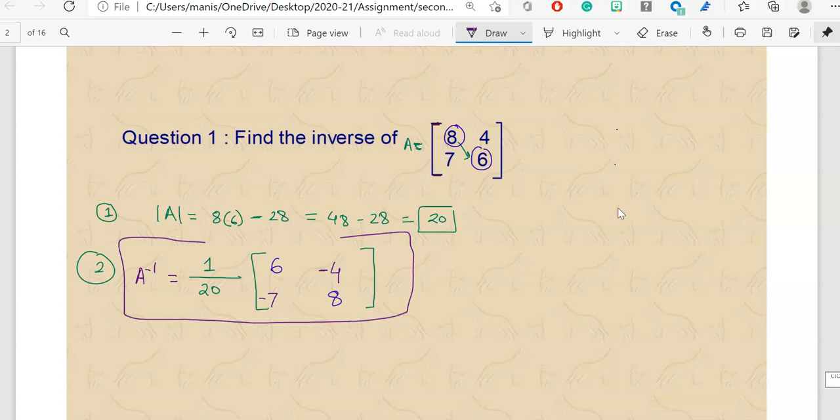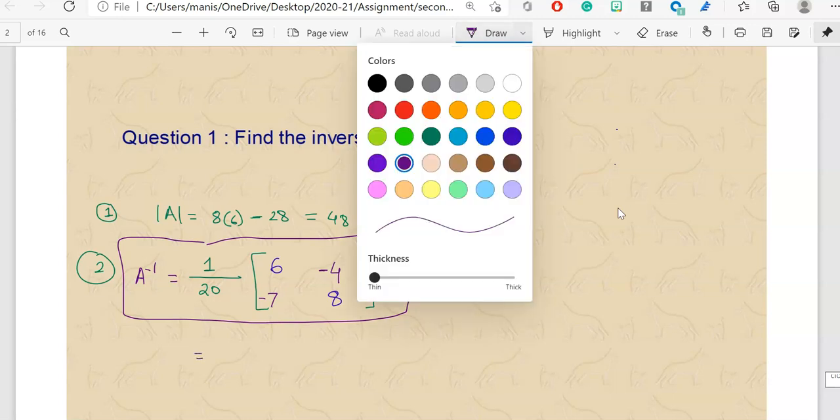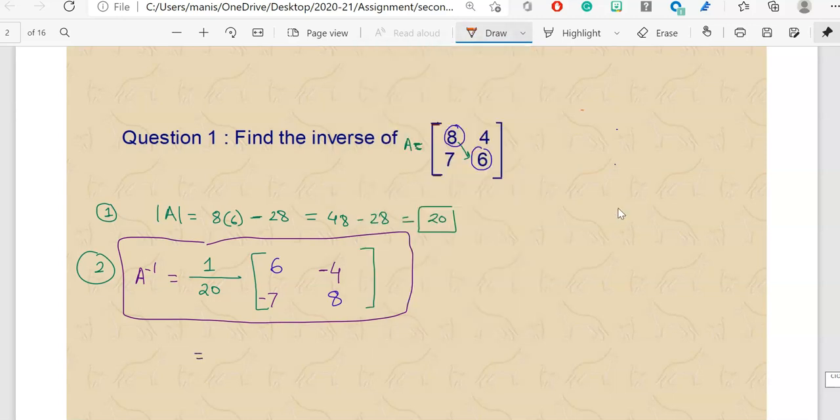Now, when you are working on assignments and all, you might not see this answer. You might see the answer in simplest form. What happens in simplest form is you multiply your scalar quantity which is outside with each and every element inside it, and you write it in the simplest form.